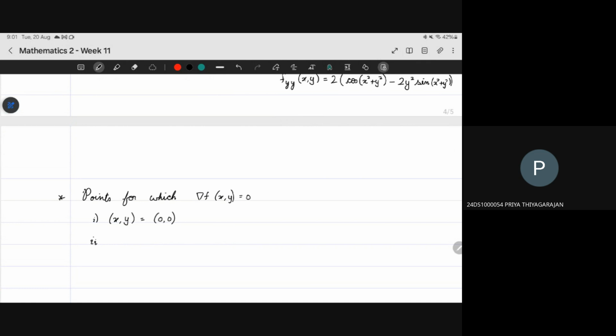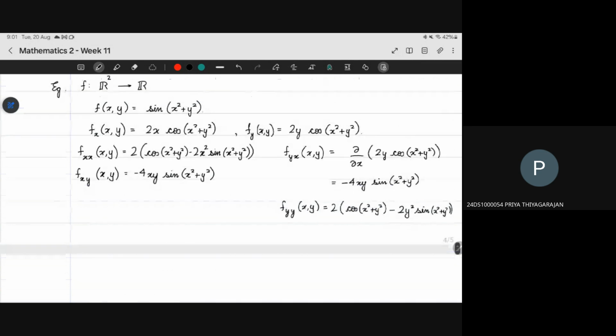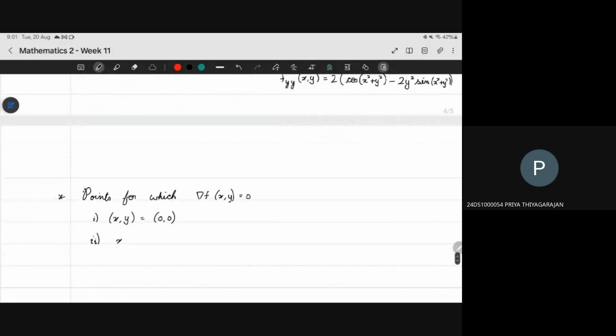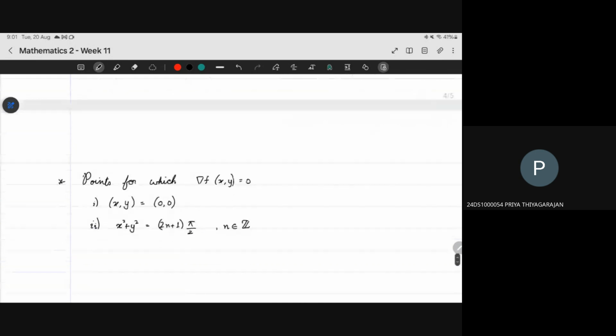And then there is another family of points. What are these points? The points for which x squared plus y squared is an odd multiple of pi by 2. Something like this. Right? These are your critical points.